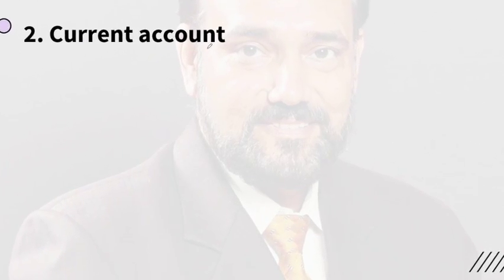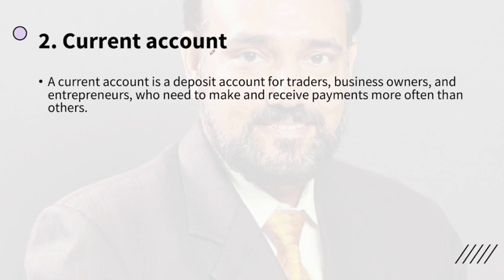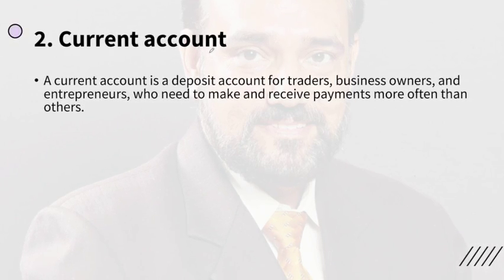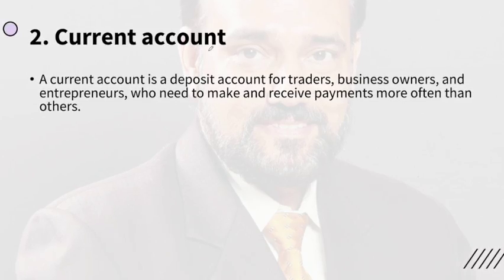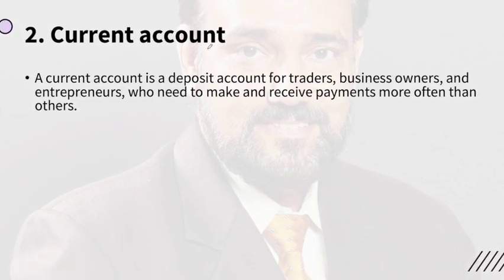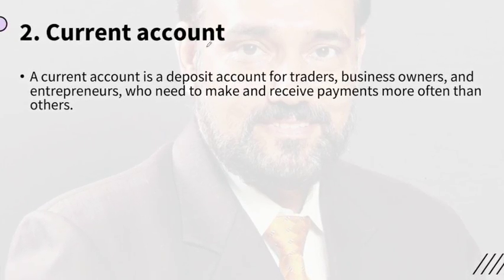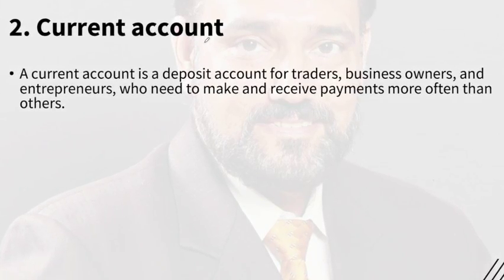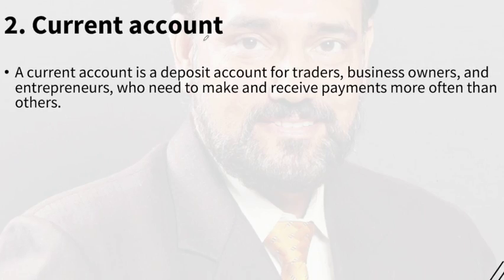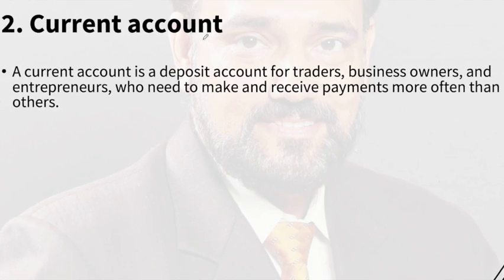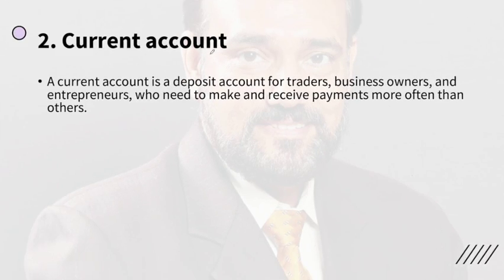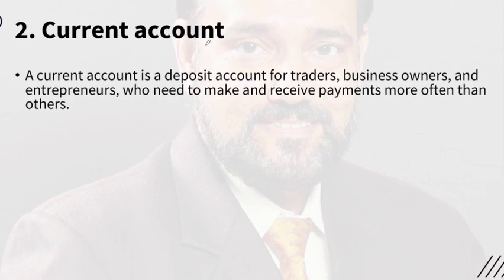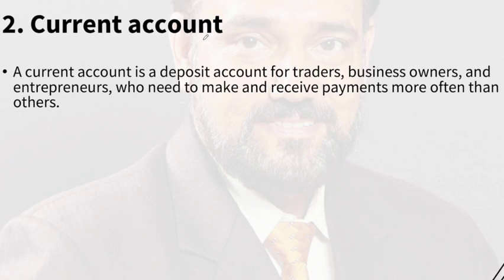Then the second one is the current account. This account is basically for traders, businessmen, and entrepreneurs who need to make and receive payments more than other people. So there is no limit that you can withdraw only twice or thrice in a week like a savings account. Here you can do unlimited transactions in a current account.